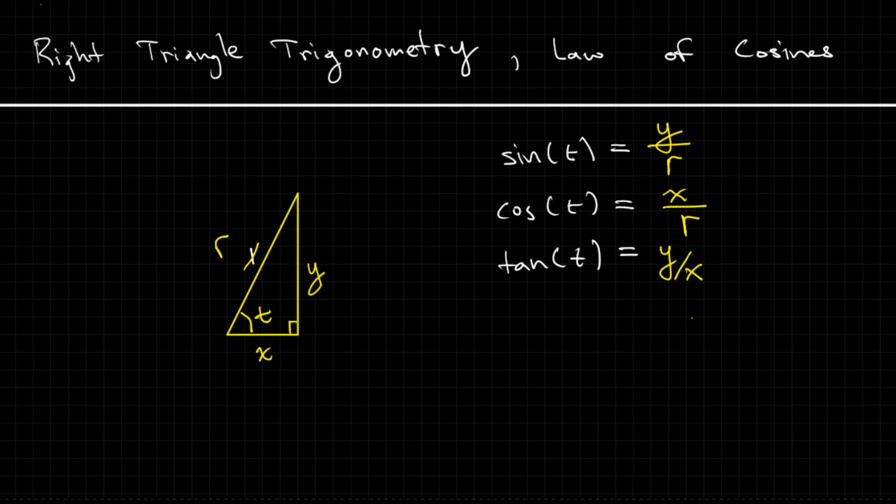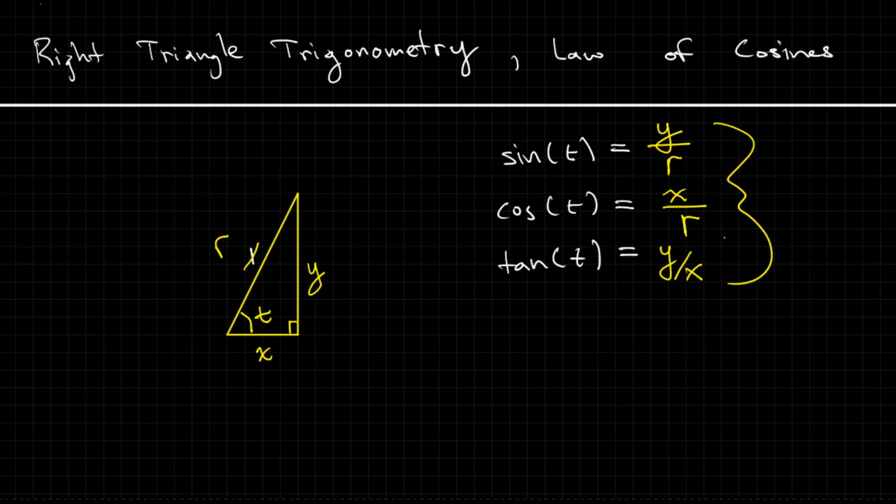And what we're left with are the definitions of the trigonometric functions of a right triangle. It is extremely important that your triangle is right. So if your triangle looks like this and does not have a right angle, then you can't use the trigonometric functions yet for this type of triangle. But if you have a right triangle, then these are the definitions.